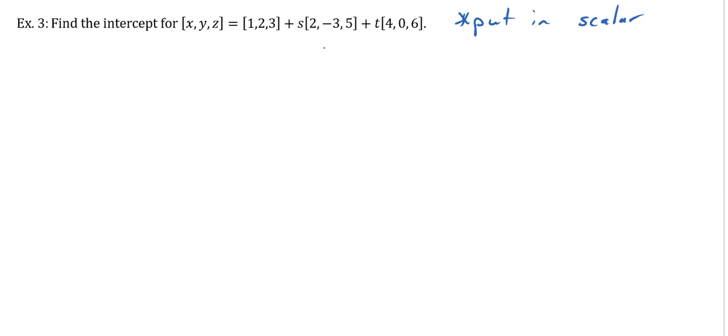Okay, so I've got negative 3, 5, 2, negative 3, and 0, 6, 4, 0.